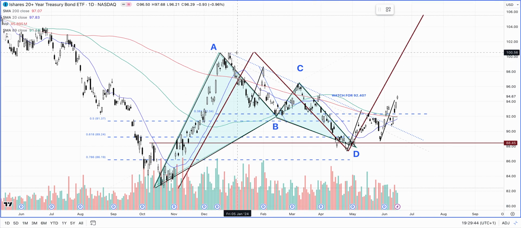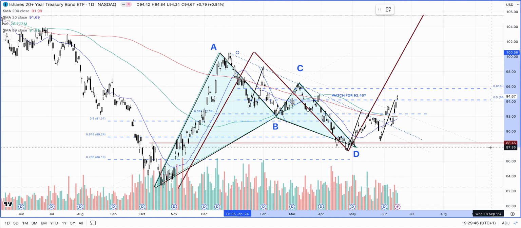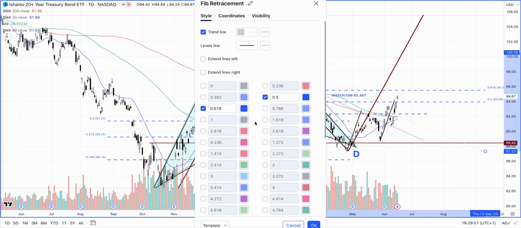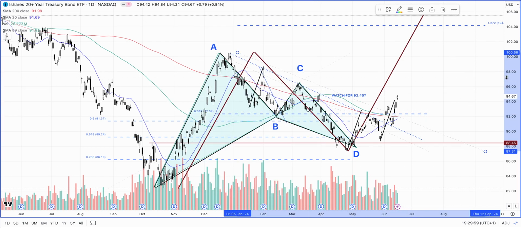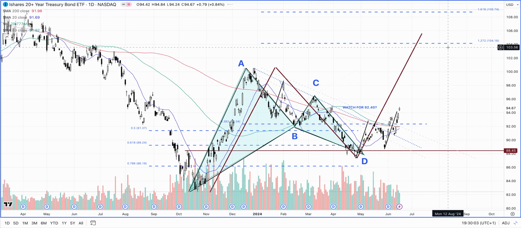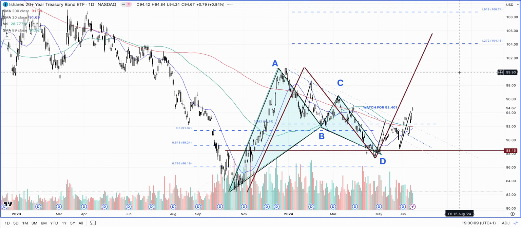Let me label it, I haven't labeled it yet. Here we go. 1.618, 1.272. Let's remove this. Okay. And the interesting thing is, we have the 1.272 and ABCD come pretty close, in about 1 point difference.